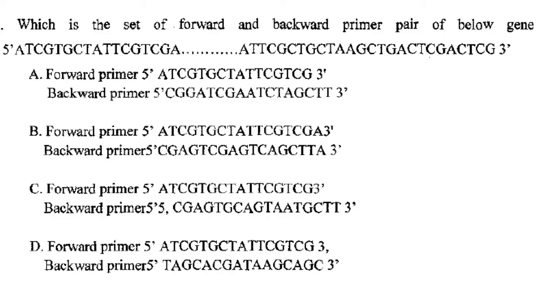So coming to the next question, which is the set of forward and backward primer pairs of the below given sequence? They have given a sequence and asked for the forward and the backward primer.